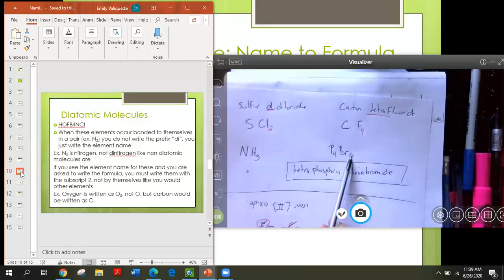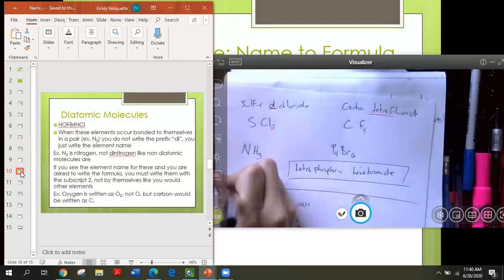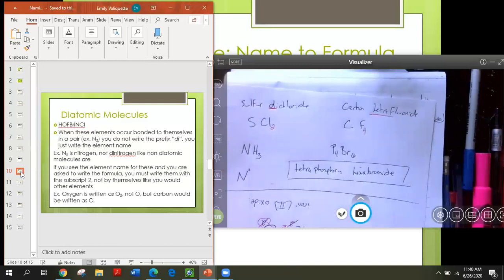Same with bromine, it doesn't have a little 2 behind it because it's bonded to something else. But if I was told I only had nitrogen, not nitrogen trihydride, I can never write just an N by itself. It would have to be N2.